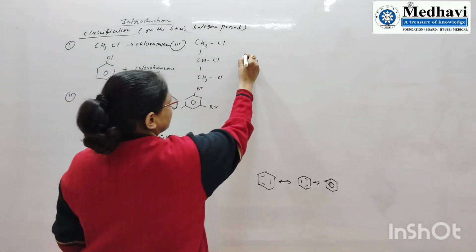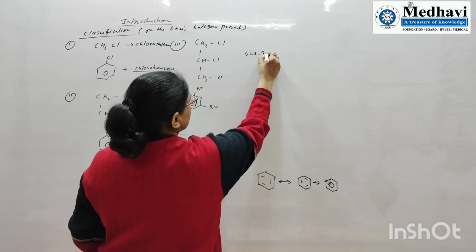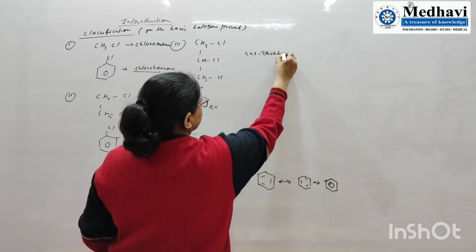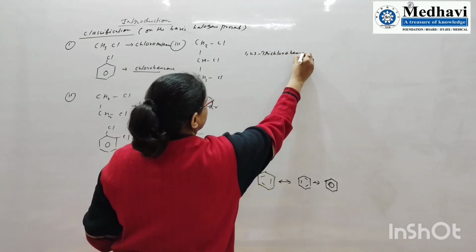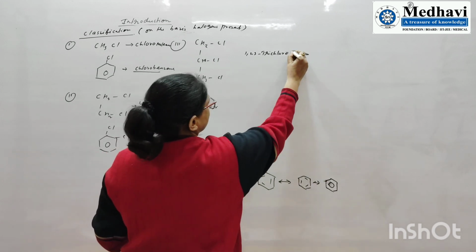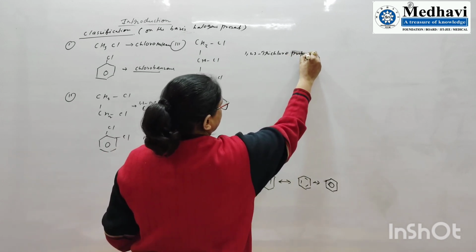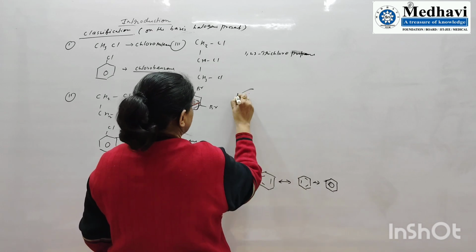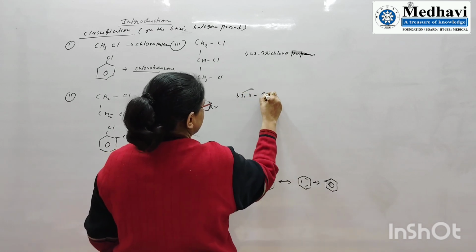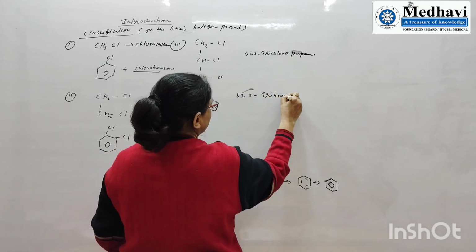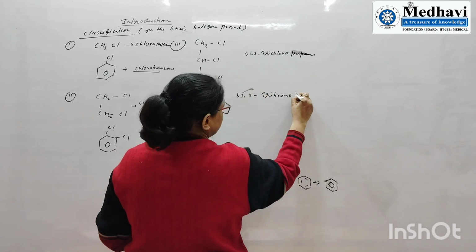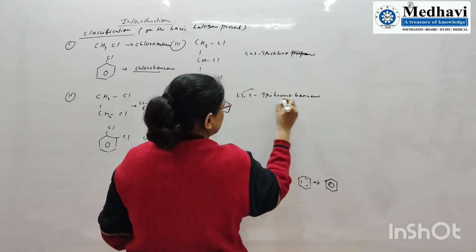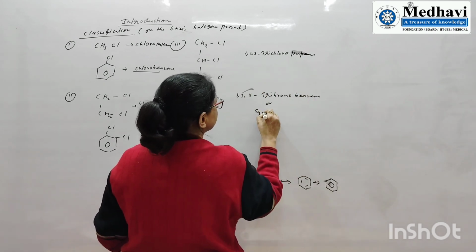This one is 1,2,3-trichloropropane. Sorry, propane. And this one is 1,3,5-tribromobenzene. It is also called sym-tribromobenzene.